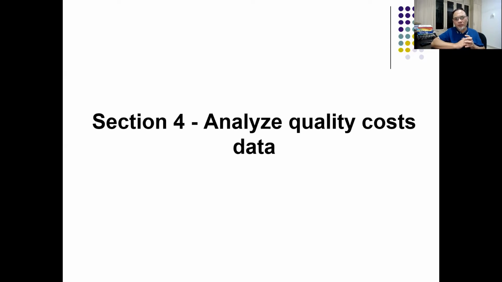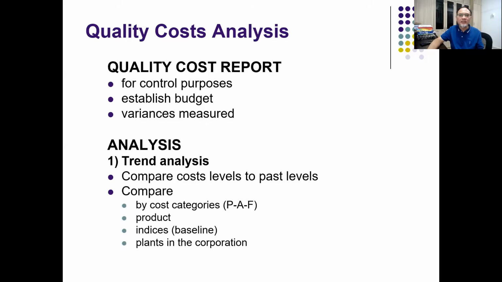The most important is to identify and collect the data. If you do not collect the data on quality cost, then we cannot go to the next stage, which is analyzing the quality cost data.